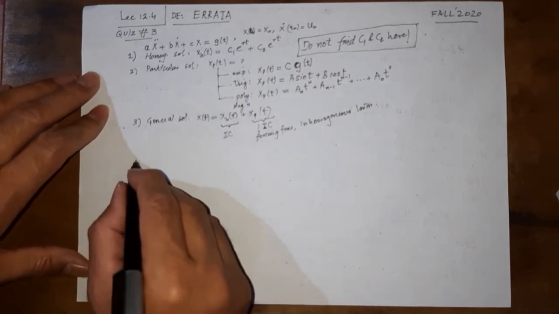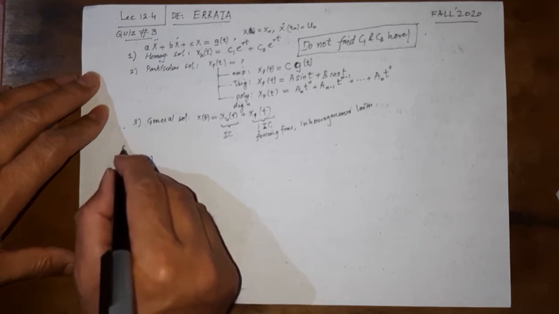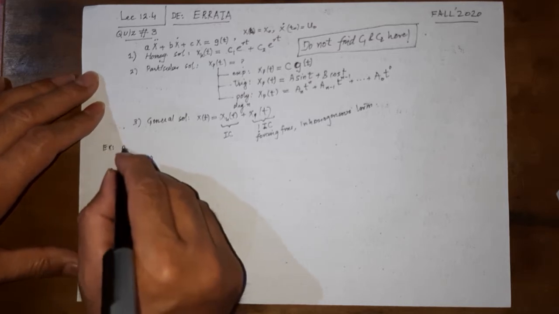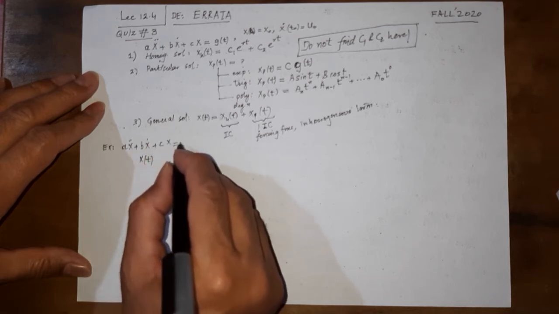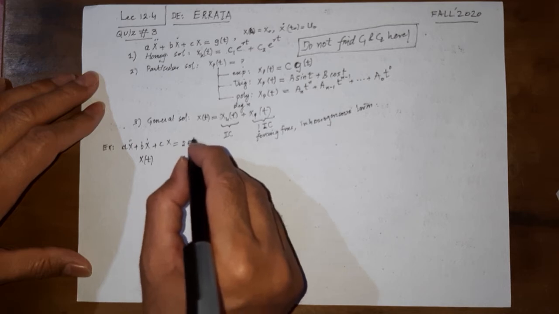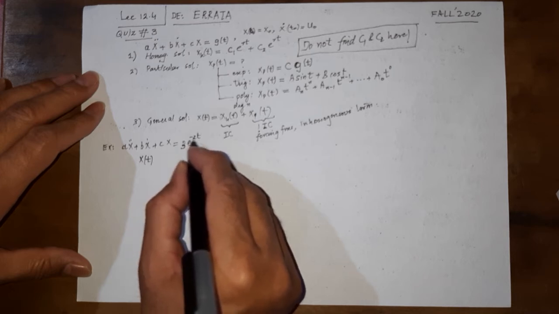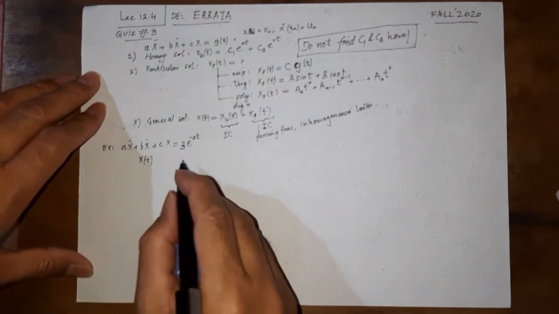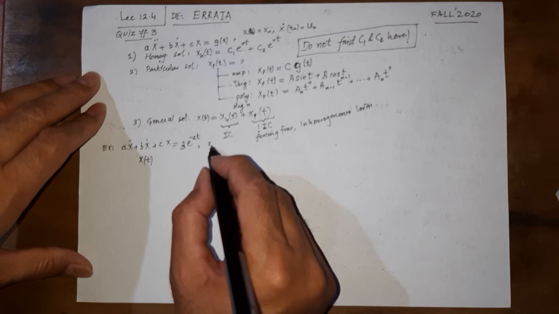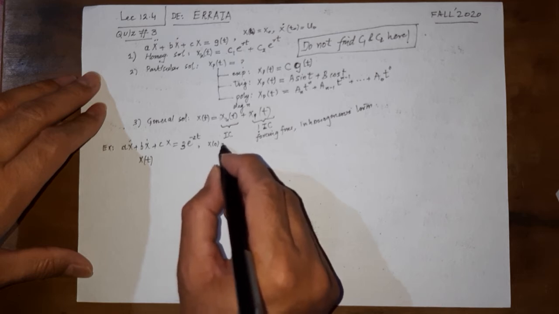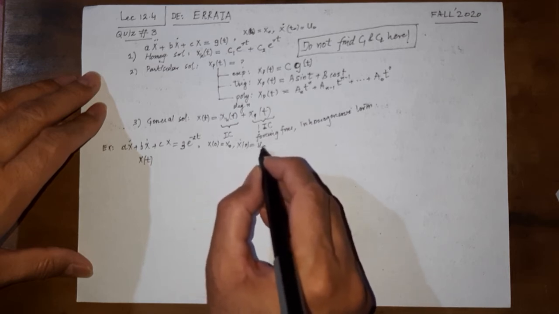Now when writing this, suppose, let me give you a general example, the differential equation is, say, 2 e raised to the power minus 3t, so that we do not get too confusing 2's, and the initial conditions are, say, x of 0 is x naught and x dot of 0 is u naught.